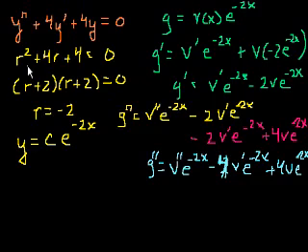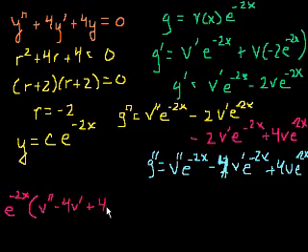So the second derivative g prime prime, we can write as e to the minus 2x times the second derivative. So now we can get rid of the e to the minus 2x terms. So that's v prime prime minus 4v prime plus 4v.